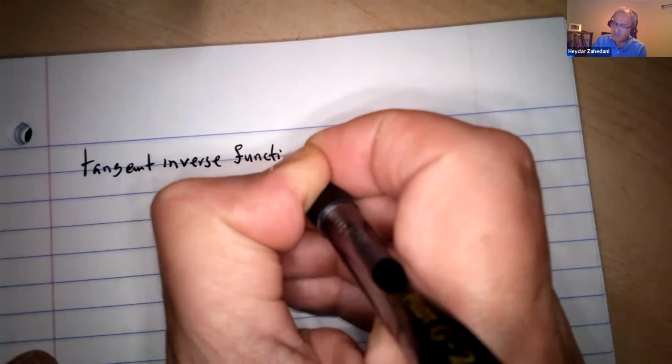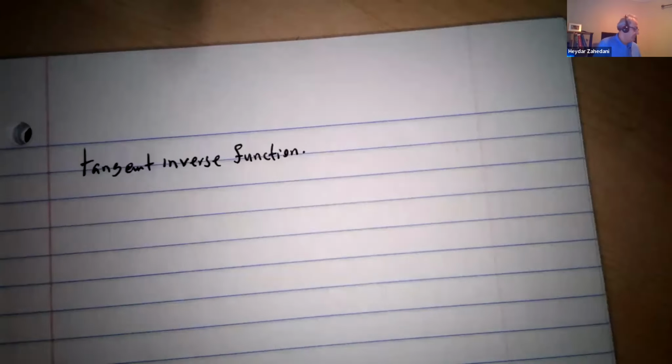The tangent inverse function. You can have it in your book, the same one. Again, you can argue about where this function is going to be defined.